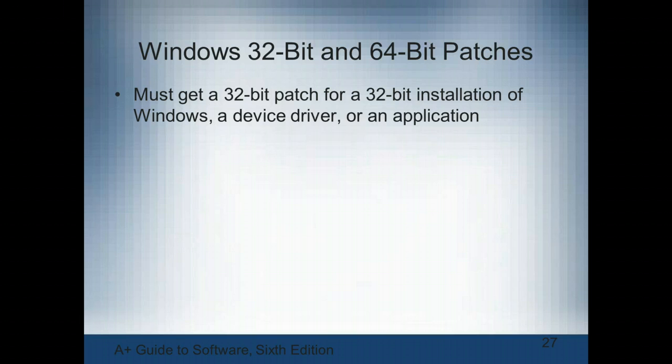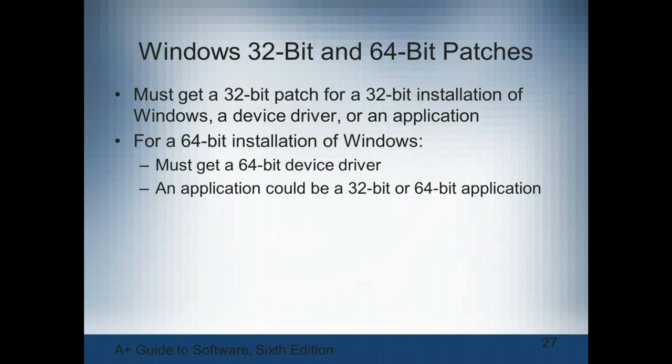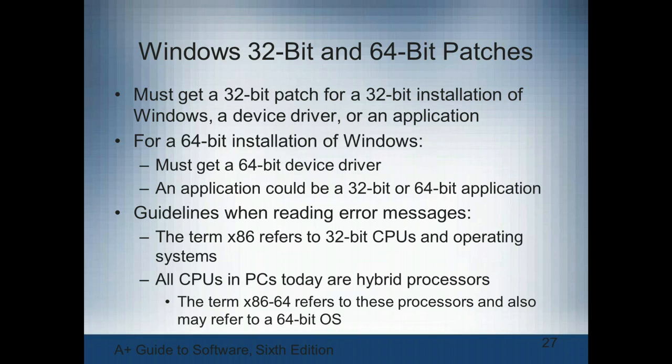That's something that's occasional. 32-bit, 64-bit patches. 32-bit patch for the 32-bit installation, 64-bit for the 64-bit. Nothing really mystical or magical there, I don't think. x86 32-bit hardware are hybrid processors. The term x86-64 refers to these processors and also may refer to the 64-bit OS, which means that x86-64 can be a 64-bit, but you can also install a 32-bit operating system on it.